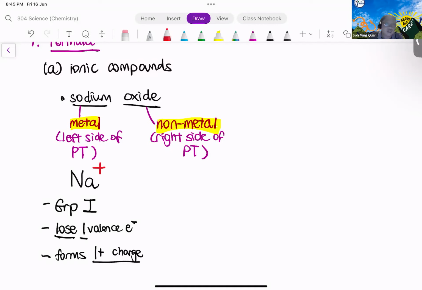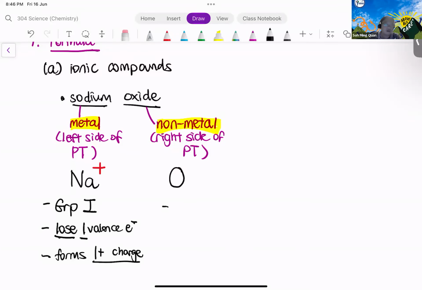Remember, this is ionic, so the ions have charge. Do the same for the other element in the compound. The other element is oxide, which comes from oxygen. Oxygen is a non-metal on the right-hand side of the periodic table. But don't just stop there. Find out which group oxygen is in.